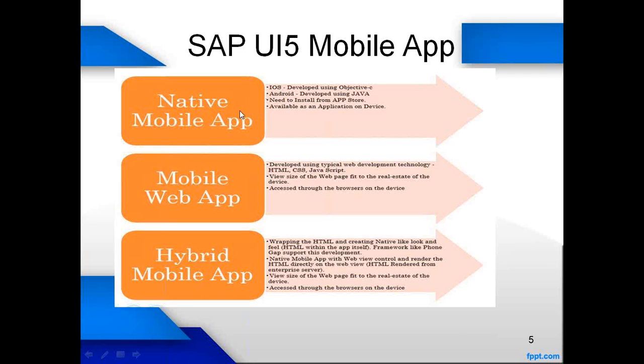One disadvantage of native mobile apps is that they are OS dependent. In case you want to have the application on Android, you have to download it from Google Play. But that Google Play application will not work on iOS, because that is a different OS. So you have to develop the application separately for each OS.